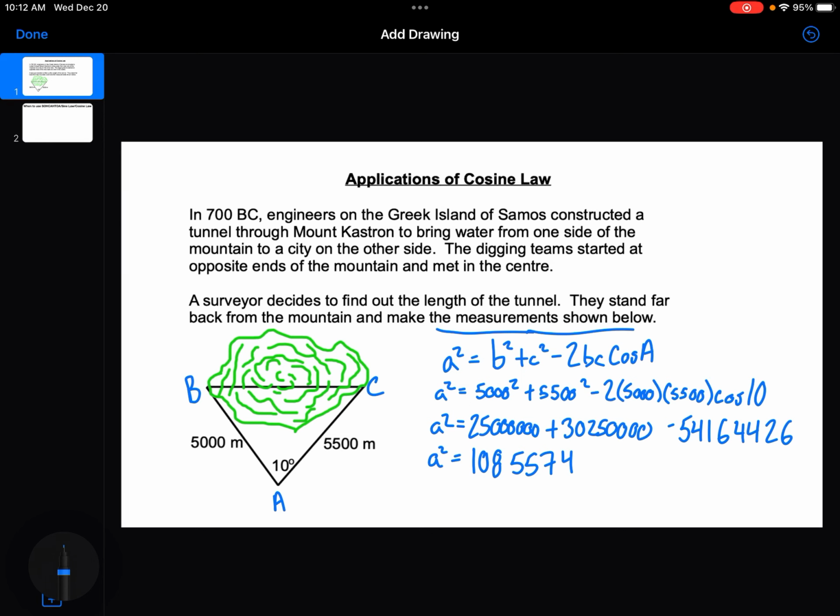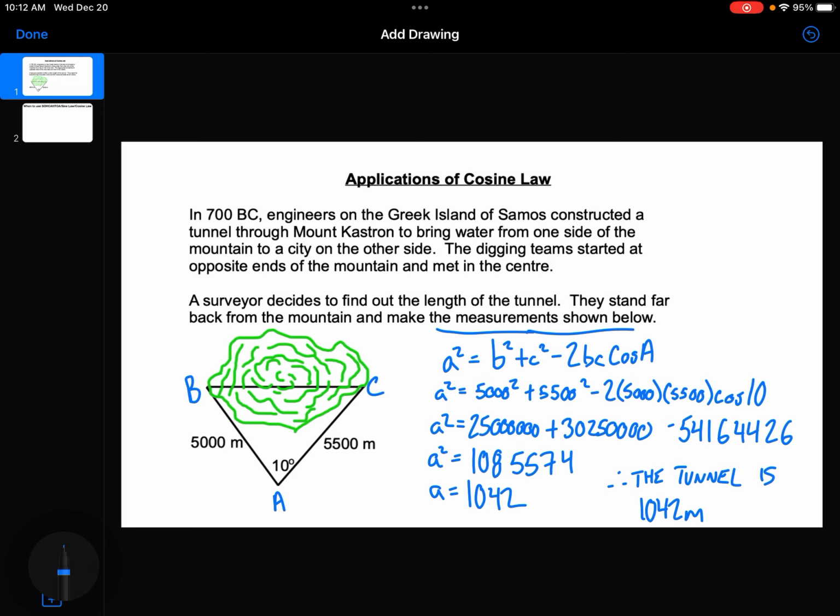And then we're gonna square root that. We would get A is gonna be around this. Therefore, the tunnel is 1,042 meters.